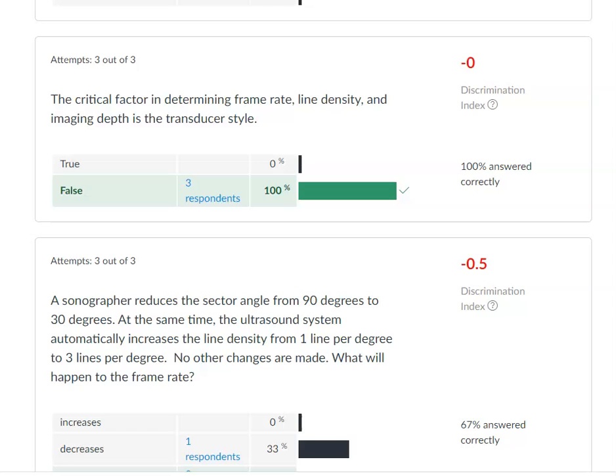It's not the style of the transducer. Frame rate is determined by multiple factors: pulse repetition frequency, line density, and imaging depth. Line density is determined by a setting on our machine, and imaging depth is determined by a button on our machine also.